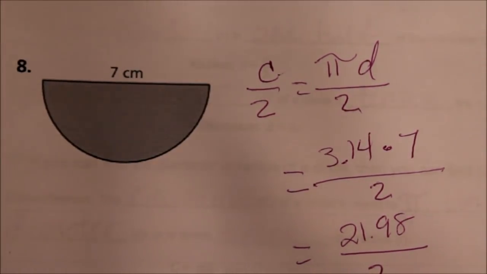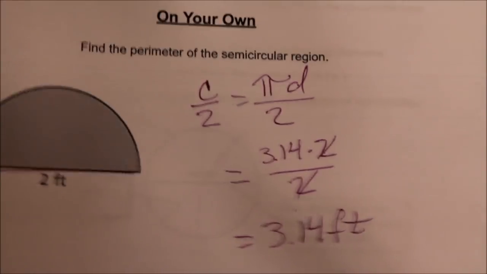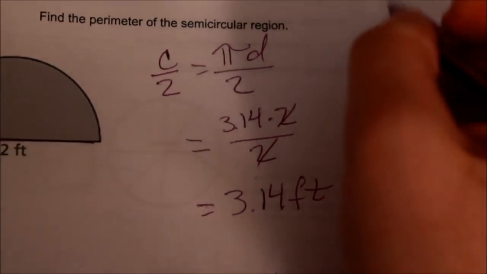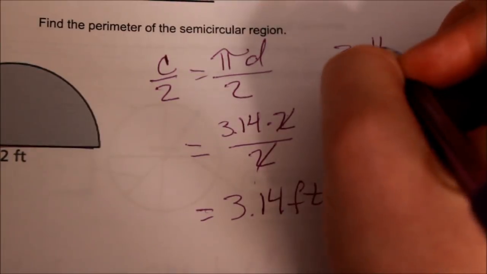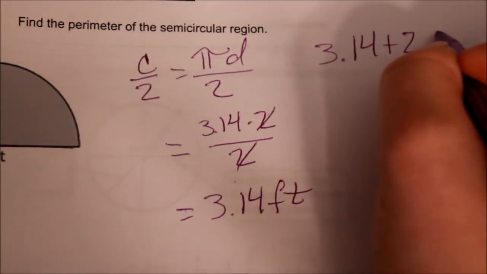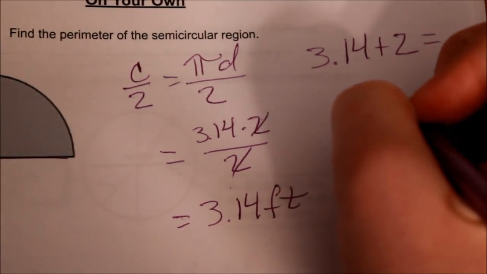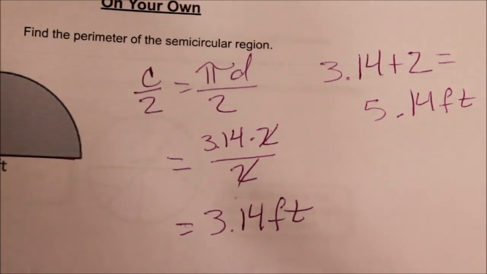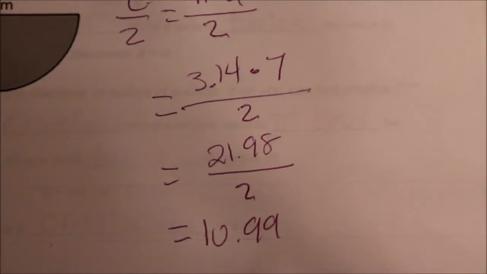Now for those of you who thought, well, last time we didn't just leave it there, you're correct. I'm going to go back up to number 7. We don't leave it as the 3.14. That's the circumference. We're going to do 3.14 plus our diameter of 2 and get 5.14 feet as our final answer up there. Down here, we're going to do the same thing.